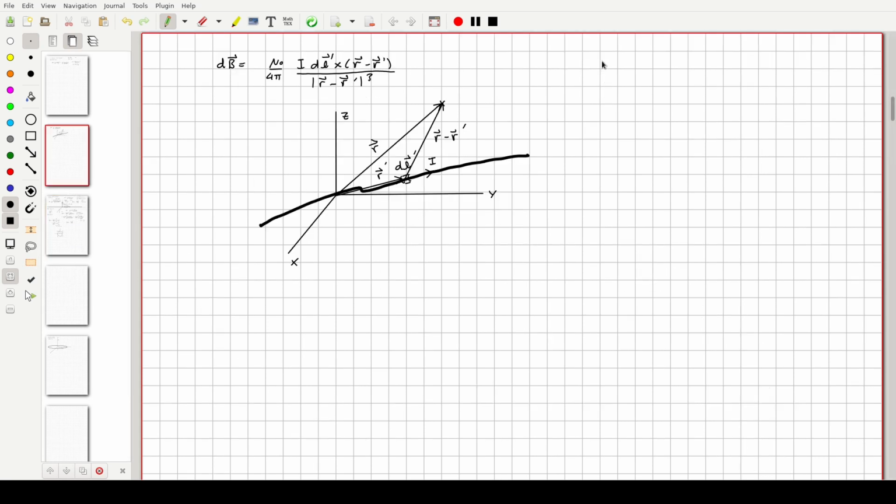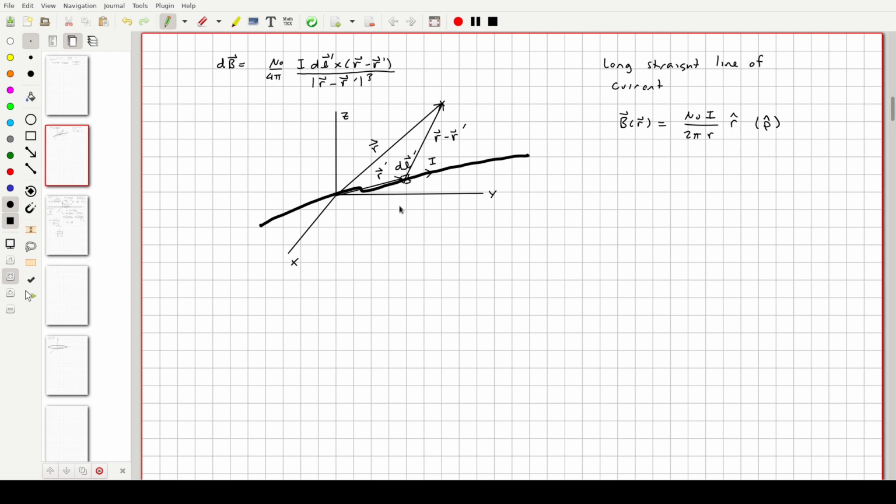Well, in general, for a long straight line of current, we say that your magnetic field, as a function of r, is mu naught I over 2 pi r, r hat, or sometimes rho hat, depending upon how you want to express it.